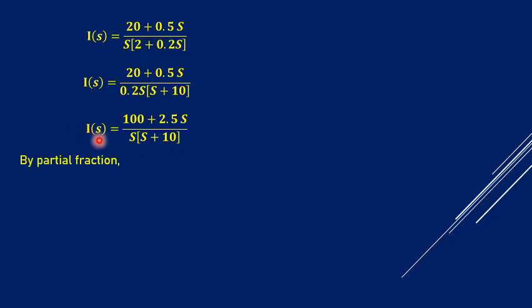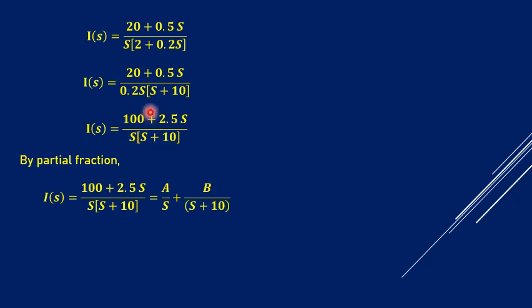Now we need to find I of t, so it is required to take partial fractions. By partial fractions you can write this expression equal to A by s plus B by s plus 10.